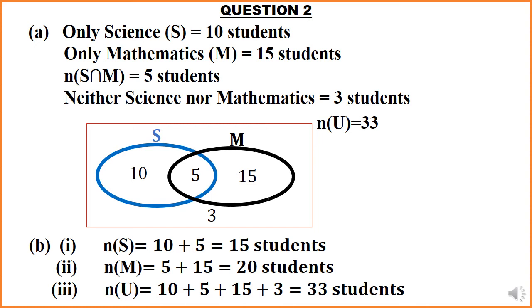So we also have only mathematics to be 15. Since the phrase only mathematics, or the word only, we are also going to put this 15 verbatim on the remaining portion of the maths circle without subtracting nor adding the intersection members, because of the word only attached to this number of members.